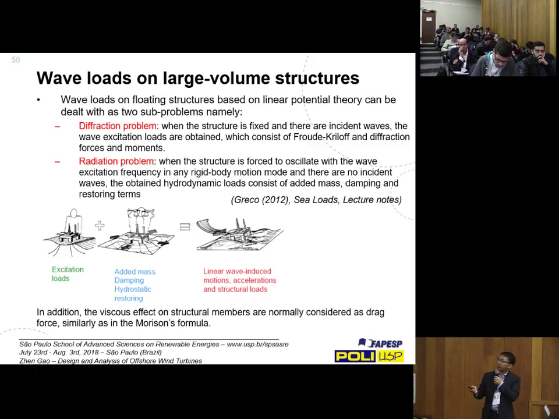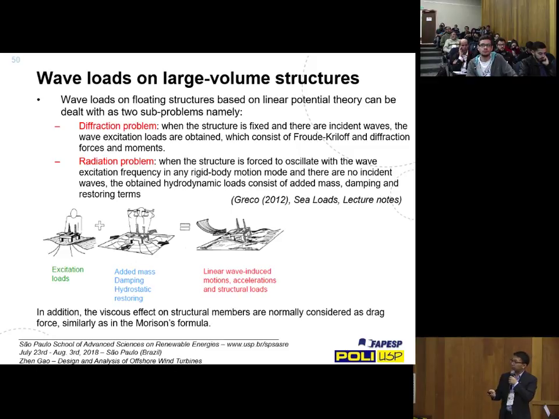The other problem is the radiation problem. That is to say, you let the structure oscillate in the water, then it will generate outgoing waves, and you have wave loads on the structure. Then you can combine them to get the total wave loads on the floating structure in waves. Here, of course, you have to assume a linear combination of these two problems.